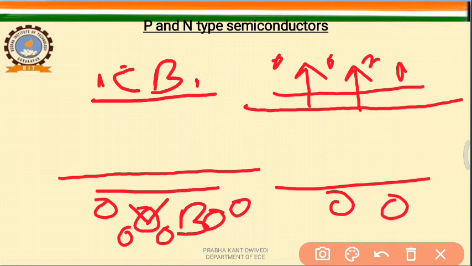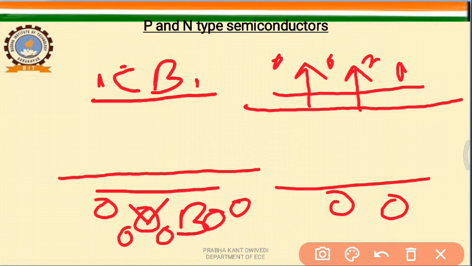So in the n-type semiconductors, dopants are pentavalent, the majority charge carriers are electrons and minority charge carriers are holes. In the p-type semiconductor, the Fermi energy level is exactly just above the valence band.